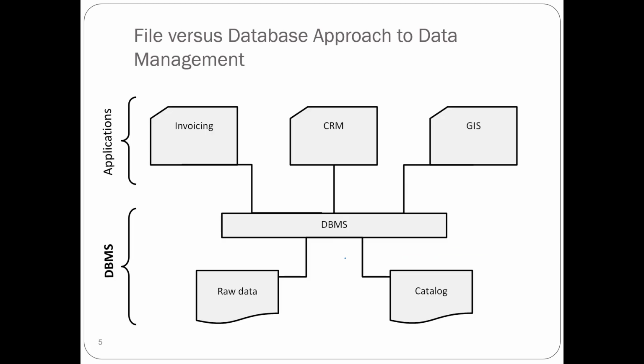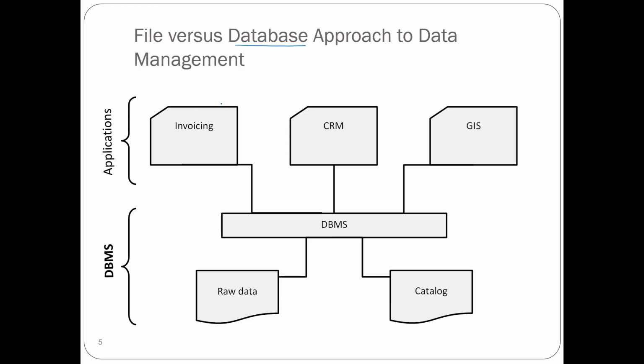Having understood the disadvantages associated with the file-based approach to database management, let's move on to the kind of systems that we have now, which have been the result of decades of research in database systems or database management. So the systems that we have in operation these days are called database management systems, or DBMS. Over here, this is how we store the data.